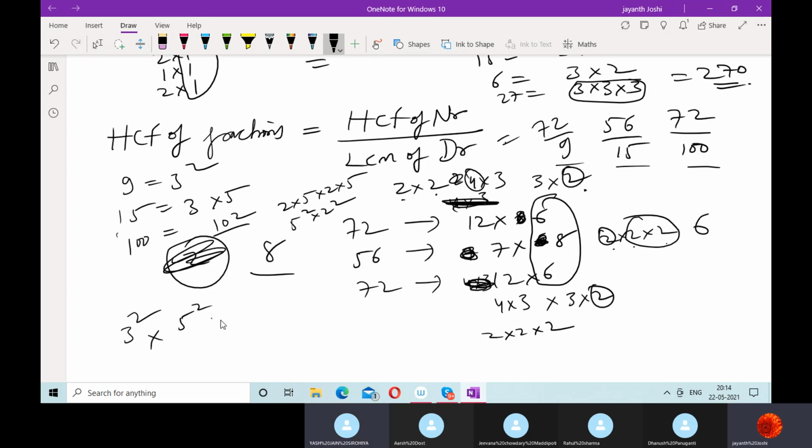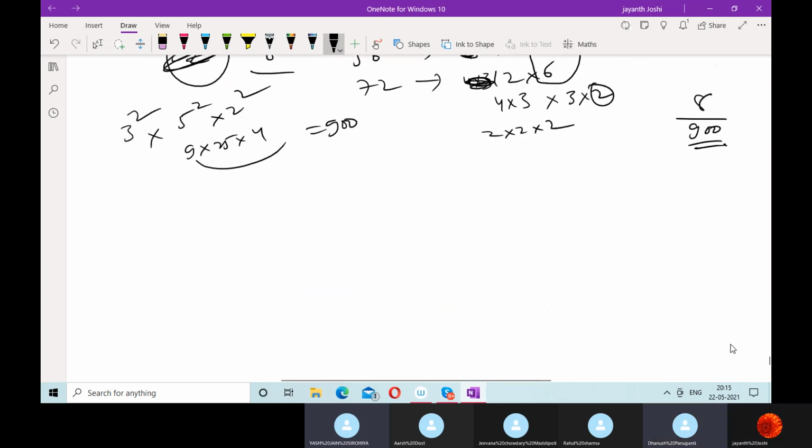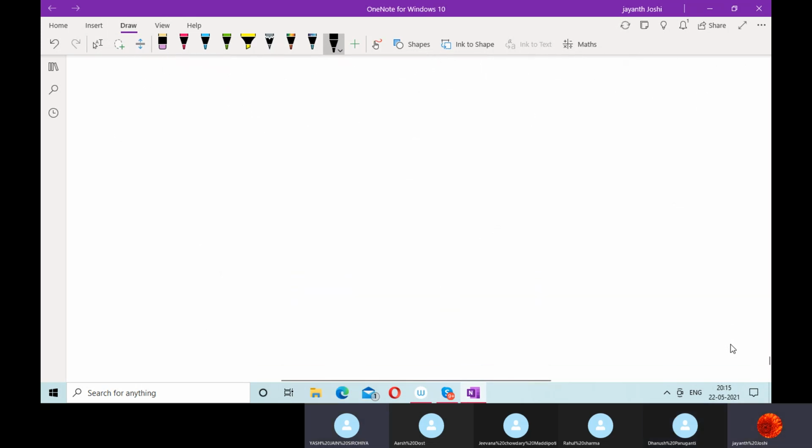So I can take 5 square and 2 square. So 9 into 25 into 4 is 900. So your answer is 8 by 900. Now the next one. Okay, now do this question.